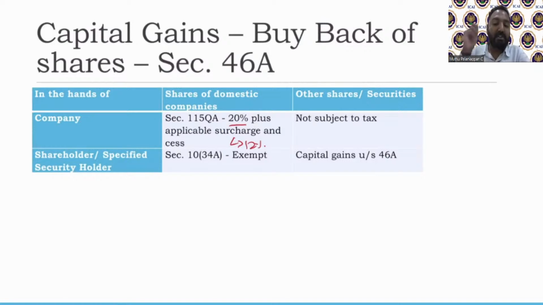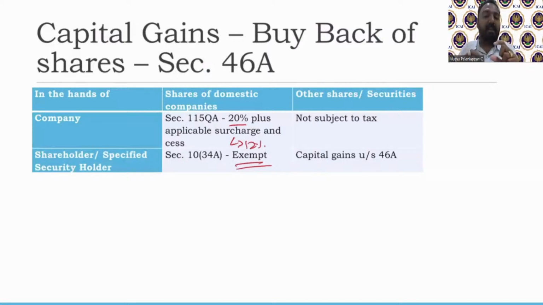So 20% plus surcharge 12% plus cess 4% will be taxed in the hands of the company. Since it is taxed in the hands of the company, you can't double tax it, so it is exempt in the hands of the shareholder. This is for shares of a domestic company.